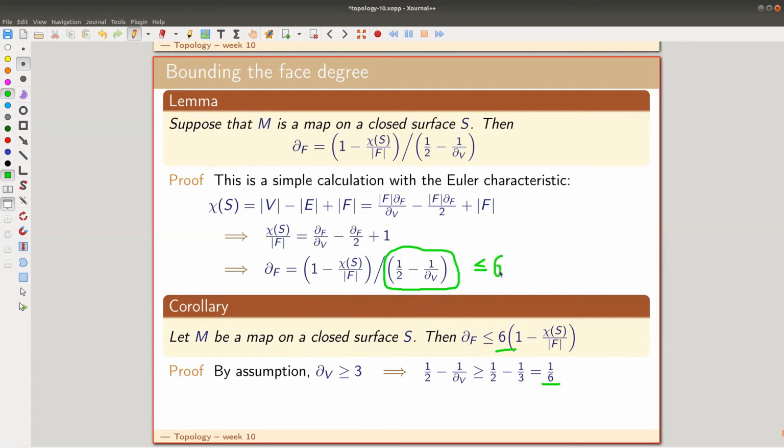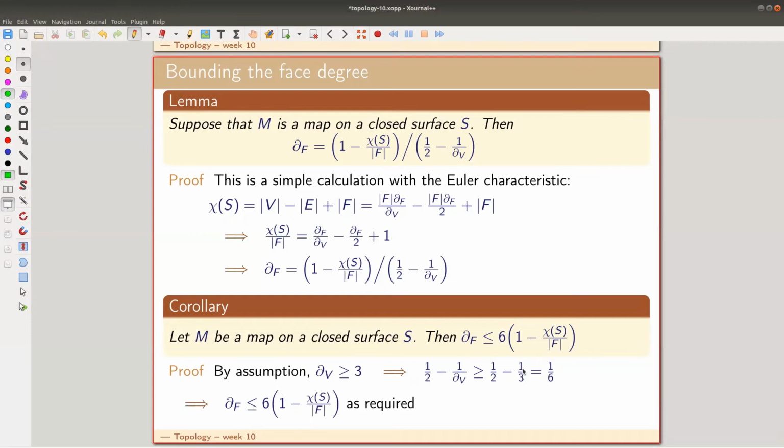So this is the lower bound, and the upper bound that we get here comes from just using some Euler characteristic calculation. Okay, and of course, just fitting it together gives us what we wanted.